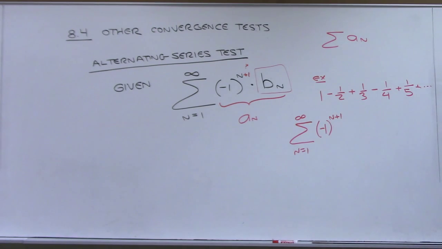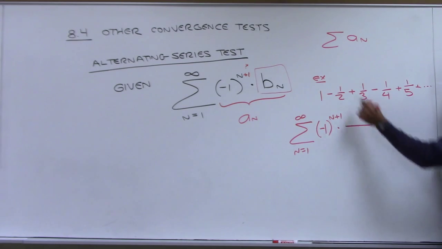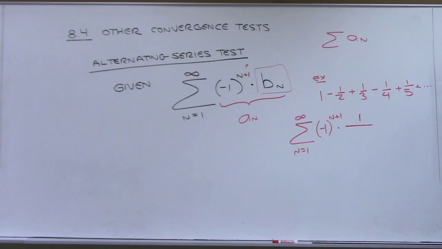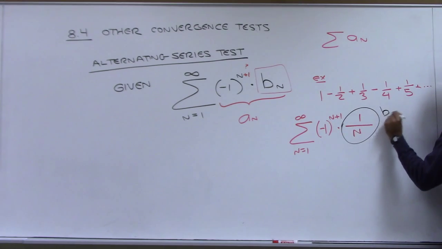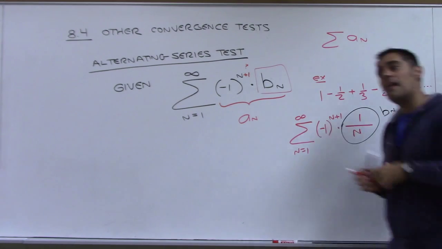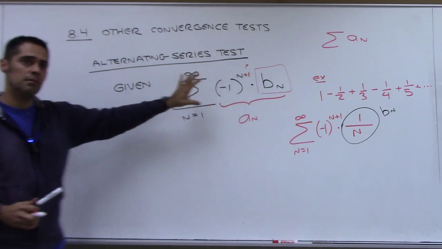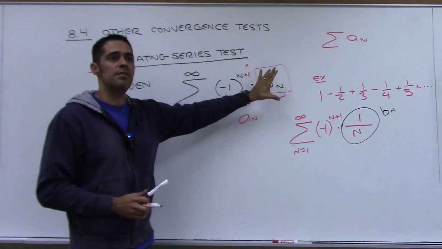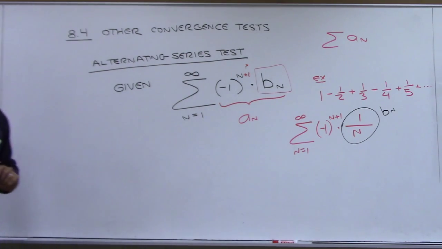That would make it start at a positive, wouldn't it? And then the rest of it, what's the numerator always going to be? 1. What's the denominator always going to be? Just n. Do y'all see that? Okay. This piece right here is what we're calling the B sub n, the part that does not have the negative attached to it. So if you have an alternating series and you focus all your attention on the B sub n, then here's the test.